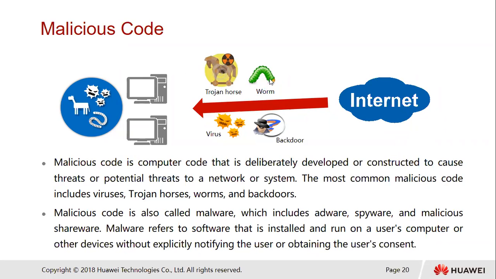And then a worm, this is a malicious program which is able to move over the network on its own. And then the virus needs a file to spread, and also to multiply. That's a virus. It needs a host. So how do you spread viruses?